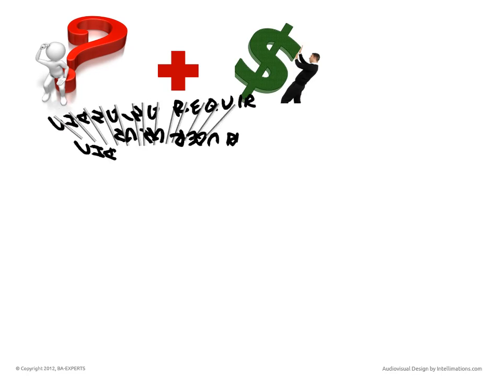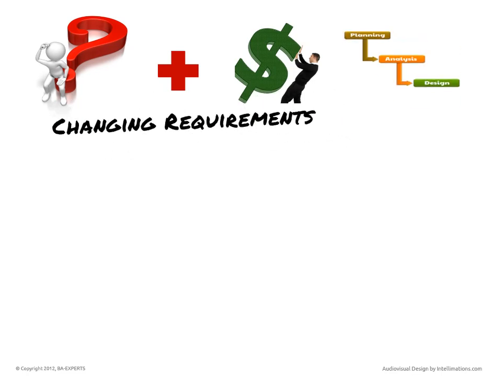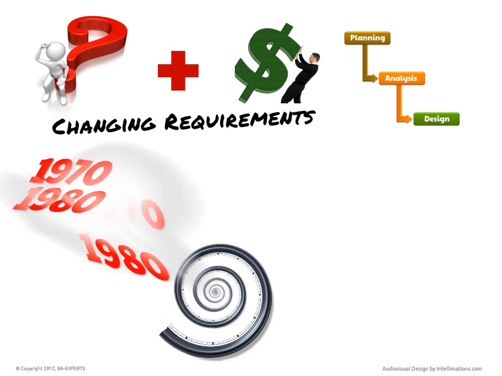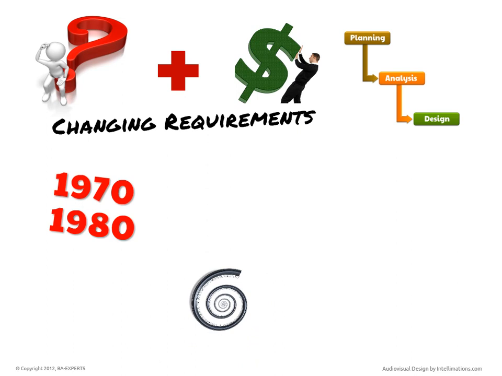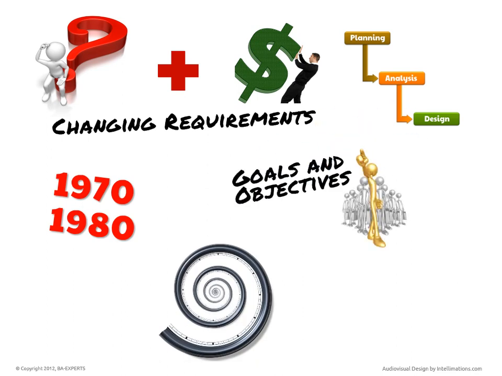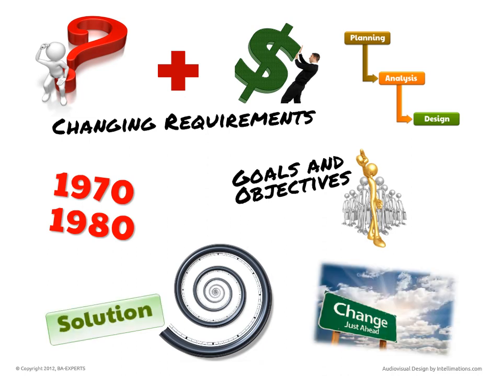Due to the challenges and associated costs that changing requirements posed to structured methodologies, the idea of iterative development emerged in the 70s and 80s. Iterative approaches assume that while the overall project goals and objectives remain relatively constant, the development of the solution will cause the needs to change and that will require modifications to the delivered solution.